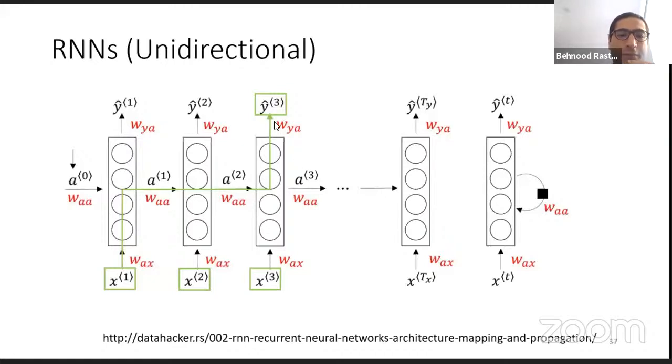For instance, in this case, Y3, the output at time 3, depends on X1, X2, and X3, and there's no dependency on other times rather than these 3 times. So how to solve this problem? What if our sequential data also depends on the values on the right side?